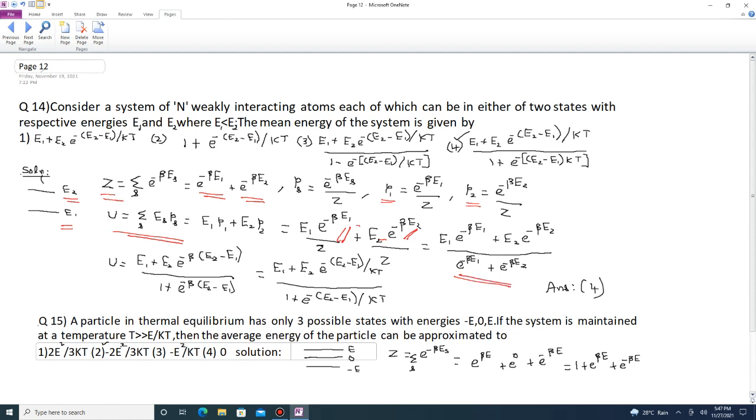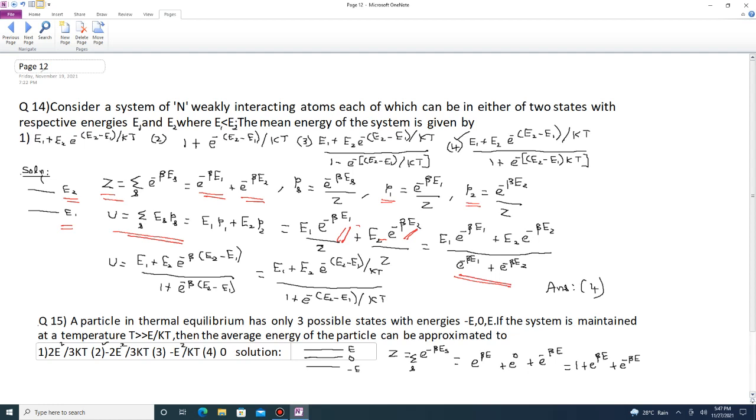If you take e power minus beta E1 as a common factor, then this expression simplifies to U is equal to E1 plus E2 e power minus beta into E2 minus E1 whole divided by 1 plus e power minus beta E2 minus E1, and substitute for beta, this beta is 1 by Kt.